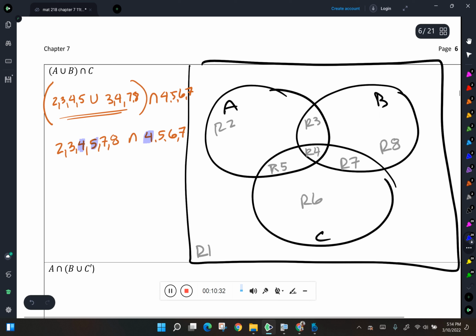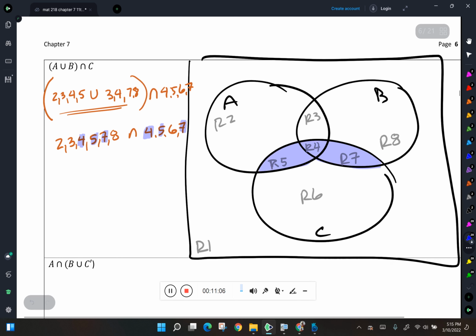They've got the 5 in common, and they've got the 7 in common. That's it. So now I need to shade 4, 5, 7. That little weird piece right there, whatever you want to call that shape. That's what we're looking at there for A union B, intersection C.